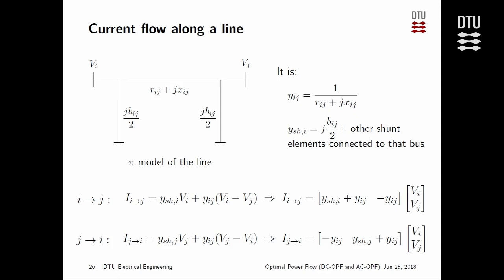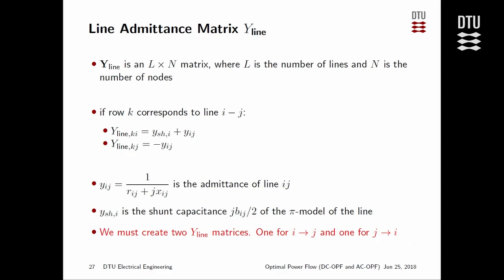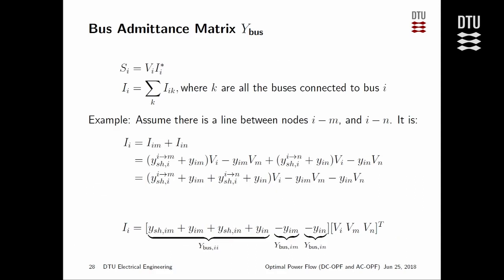And that's the reason I have different currents flowing from I to J and from J to I. And you must be really careful, because if you only model one direction, the other direction might be constraining, and you don't realize that. I won't go into more detail because I want to move on.